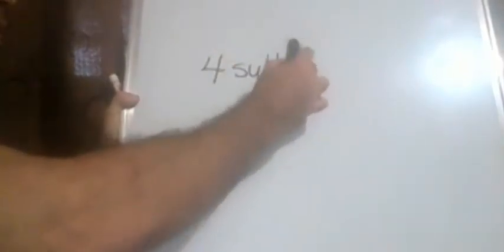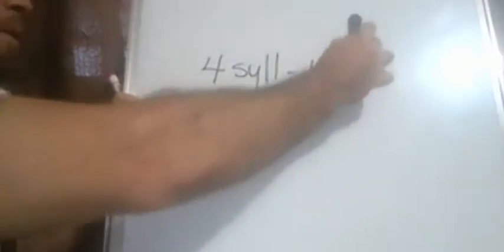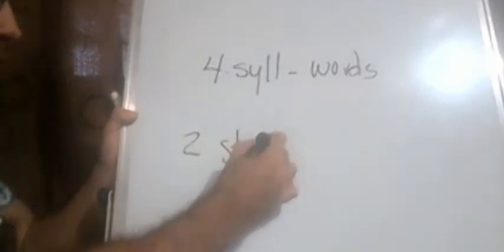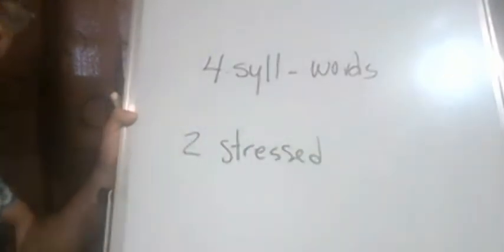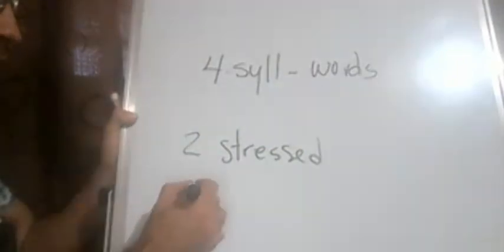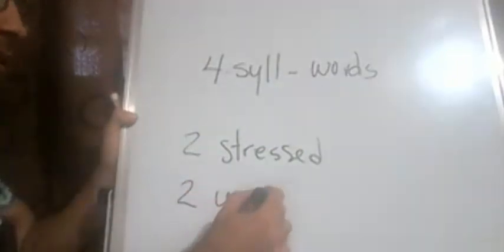What happens is when you have, let's say, 4-syllable words, there are 2 syllables that will have stress. Therefore, there will be 2 unstressed syllables.